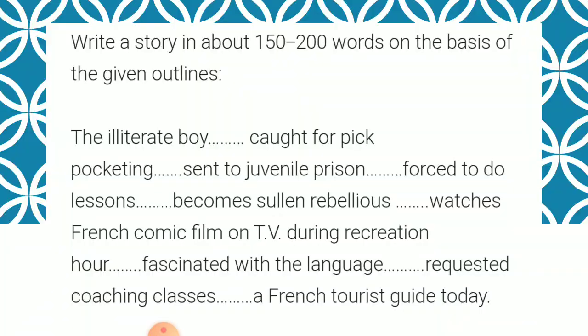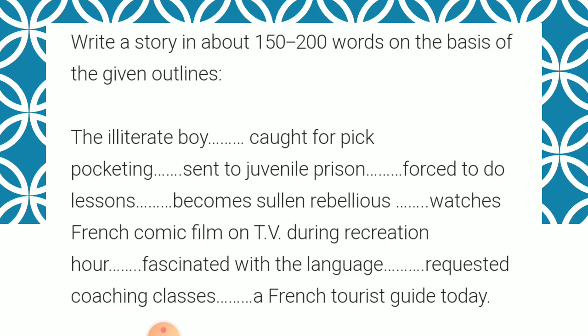Now, when we talk about the story, it's better to understand it with an example. So, here is an example for you. The outlines are given in this story. The illiterate boy caught for pickpocketing, sent to juvenile prison. Juvenile prison is meant for the students or for the children who are below 18.